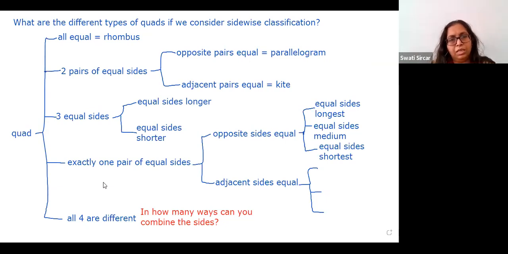So one question is that if we had two pairs of opposite sides, then we are getting so many parallelograms, right? There are so many possibilities. We are getting one rectangle and so many different parallelograms.